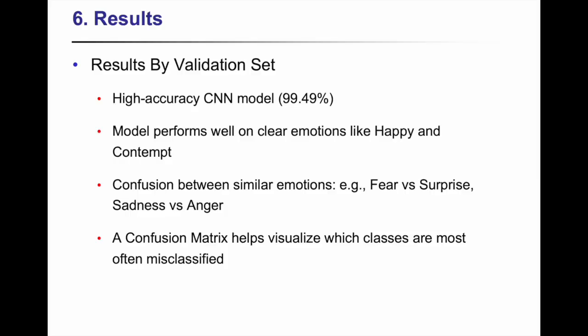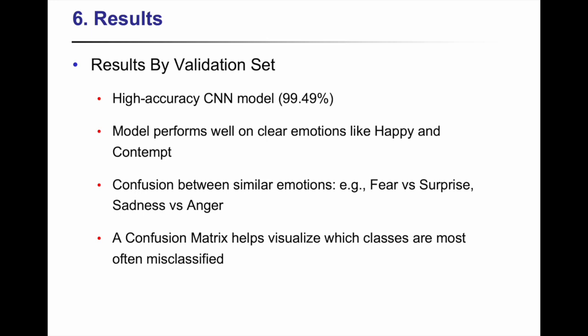As you can see, when I set my epoch to 80 and the learning rate to 0.005, I can get a really high accuracy, approximately around 99%, and sometimes it will reach 99.5%. And the model performs well on clear emotions like happy and contempt, but confuses similar emotions like fear and surprise, and sadness and anger.